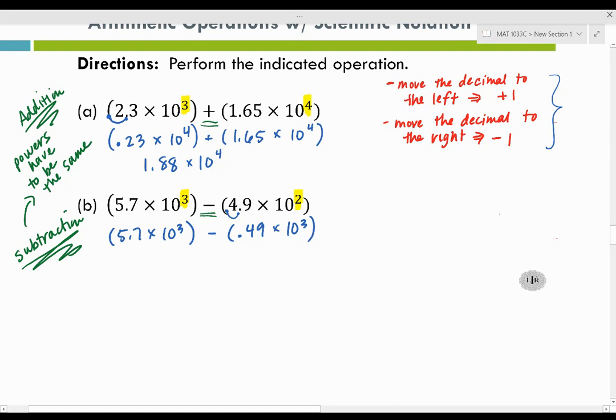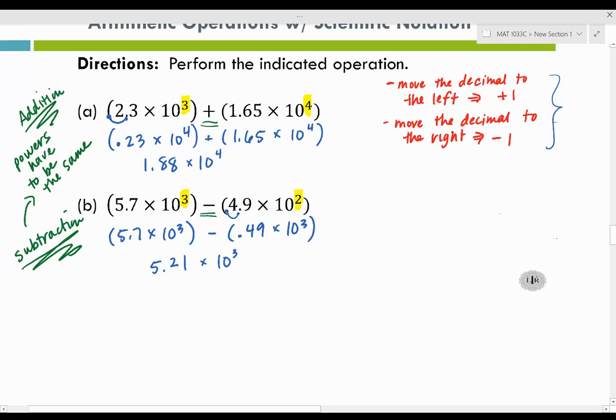Okay, so now their exponent parts are the same. I can subtract their number parts. So I'm going to have 5.7 minus 0.49. So that's 5.21 times 10 to the 3rd.